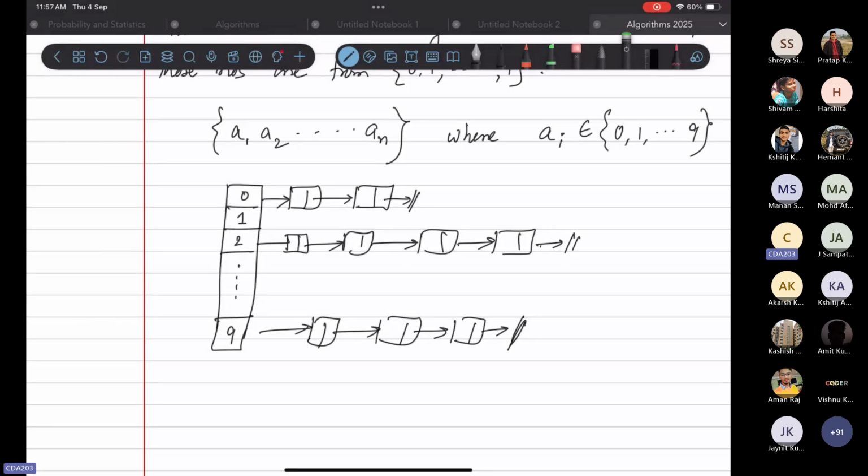Now, how much time does this take? By the way, let me ask you, do you know these lists, linked lists? Yes, okay. So these are the linked lists that we are using here.